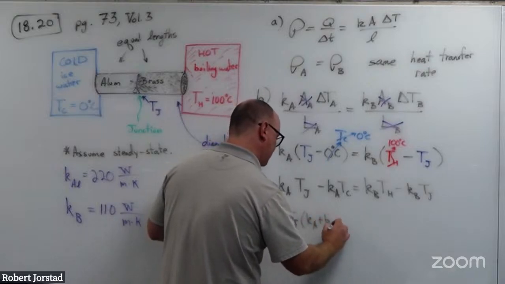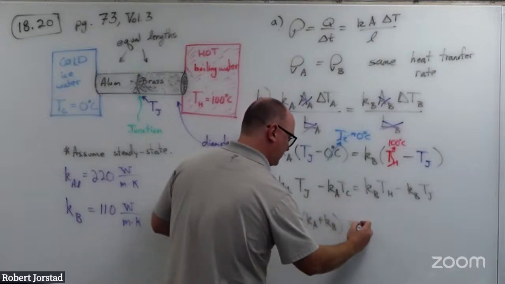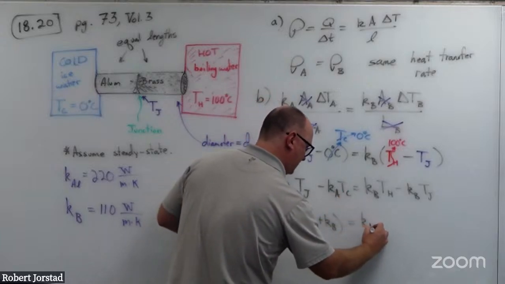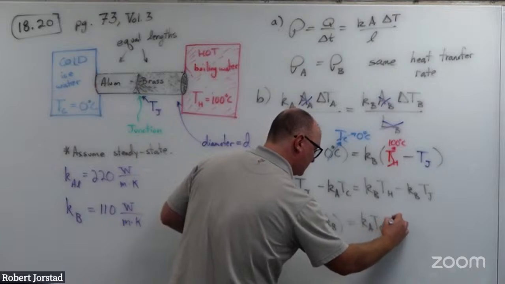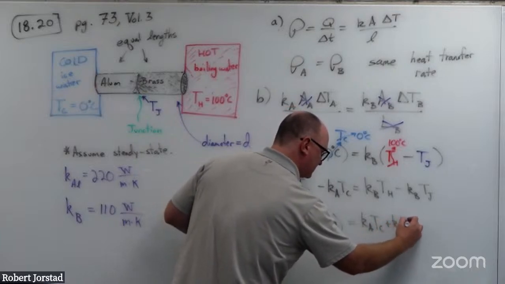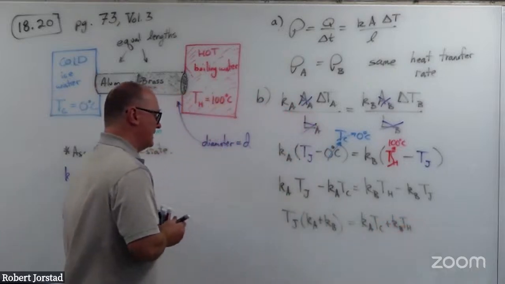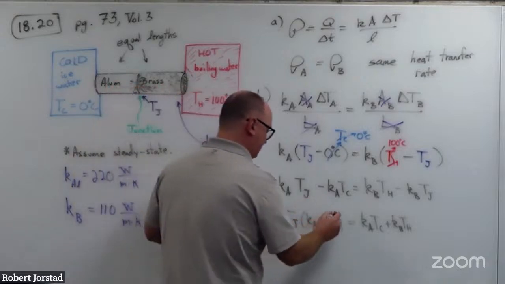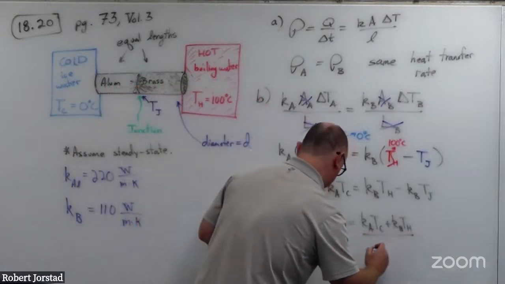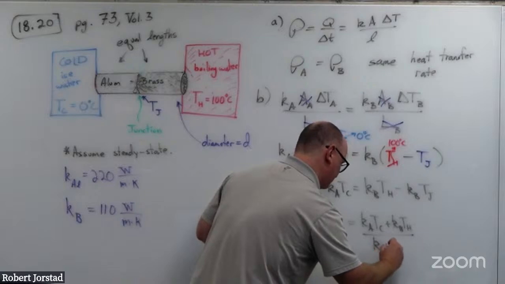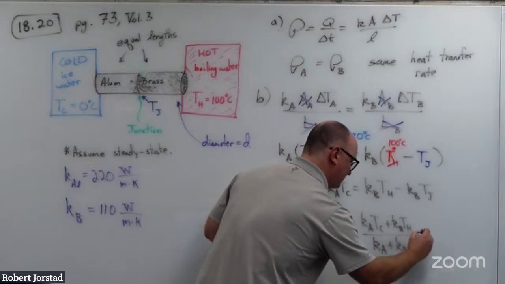Moving this one over here, we get Ka T cold plus Kb T hot. Now I can divide through by this. And you plug in the numbers.